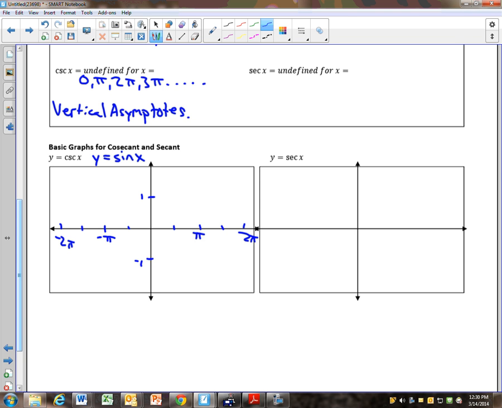Where does it start? Starts at 0, goes up, down, down, up. Kind of play our connect the dots game. You tell me when I get to a spot where sine is equal to 0.